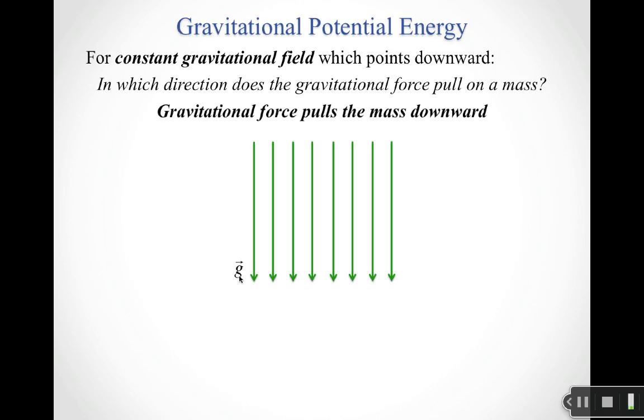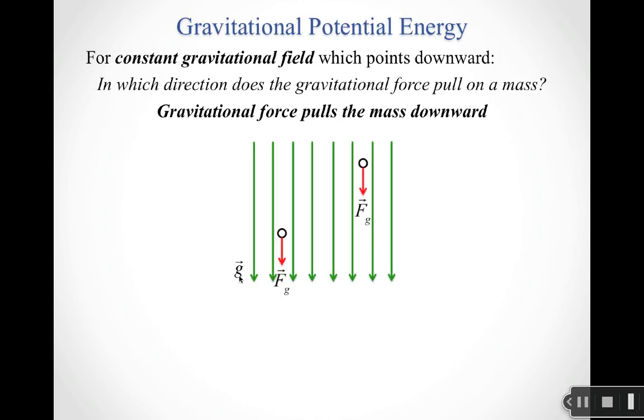And so in which direction does the gravitational force pull on a mass? Well, obviously it wants to pull the mass downward. So if I have an object that starts at a certain height and I let it fall, clearly the gravitational force is doing positive work on that object.